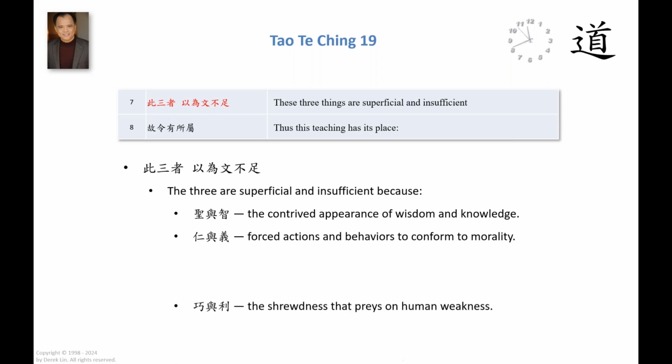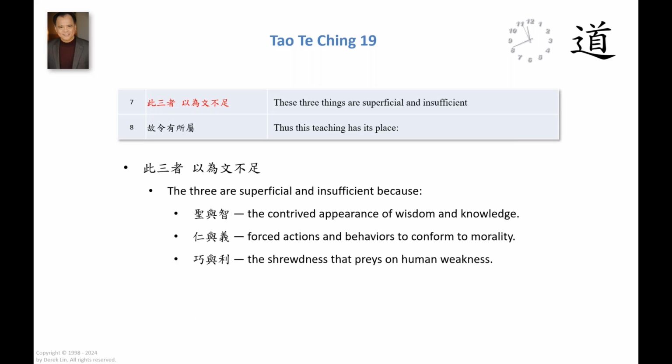Then the third factor. This is the cunning and profits. It is the shrewdness that preys on human weakness. The fraud, the scam, all of those deceptive things perpetrated in the world, the vast majority of them prey on human weakness. And not only can these things have negative consequences, they can also make things far more complicated, far more confusing.